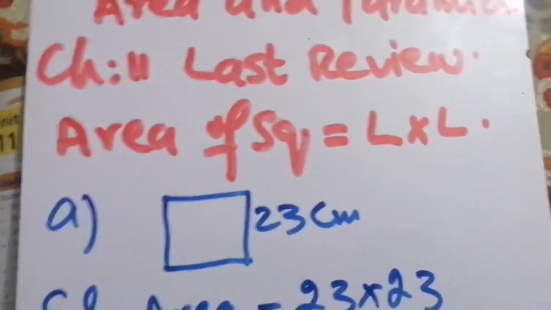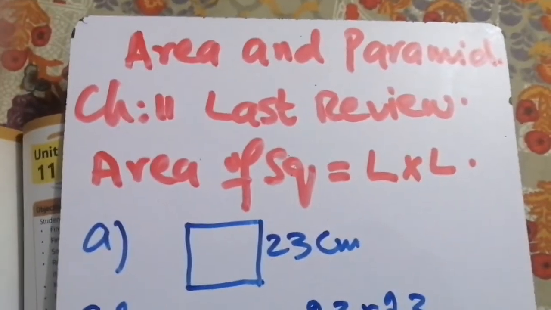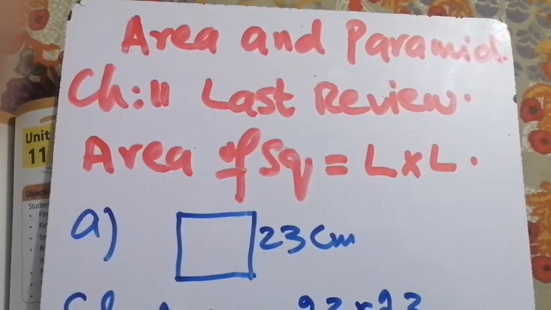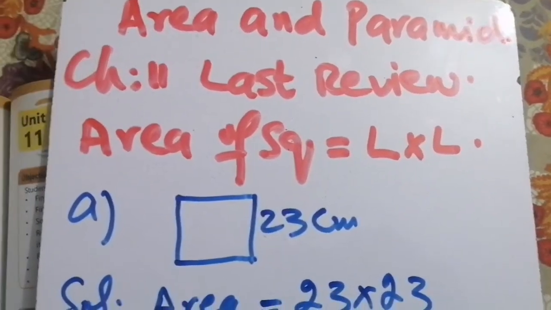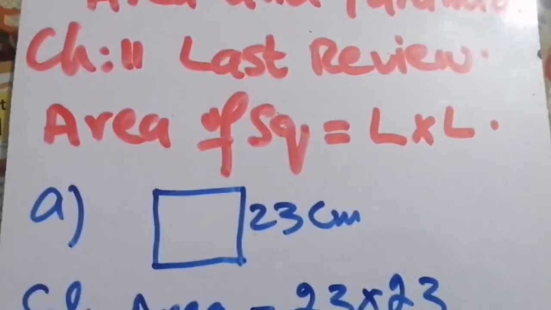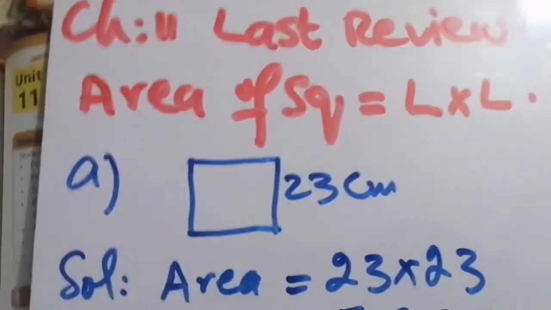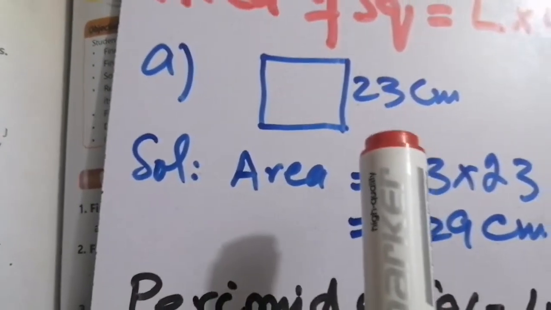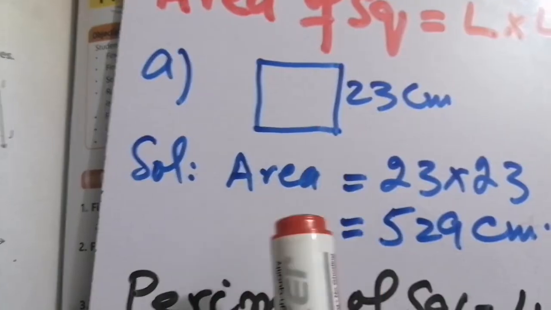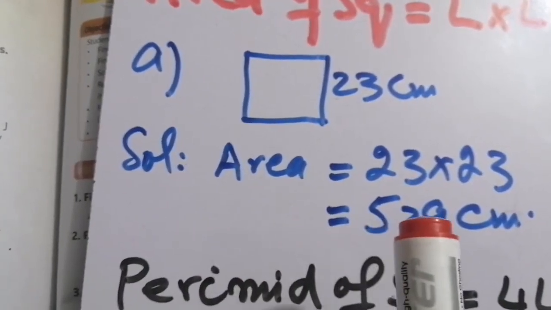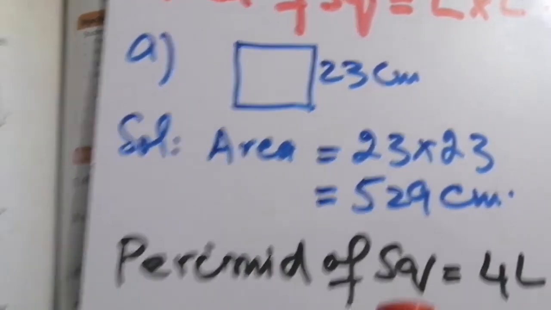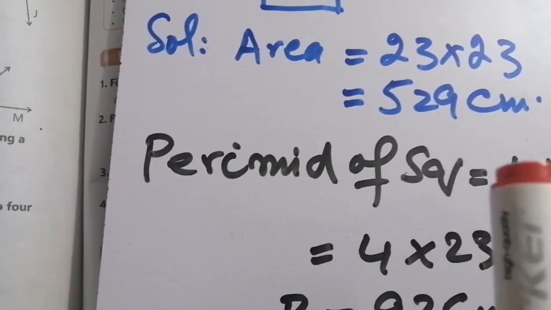So this is our area and perimeter, chapter 11. The exercise name is Last Review. Area of a square is L into L. One length is given as 23 centimeter. So area of square will be 23 multiplied by 23, and the answer will be 529.